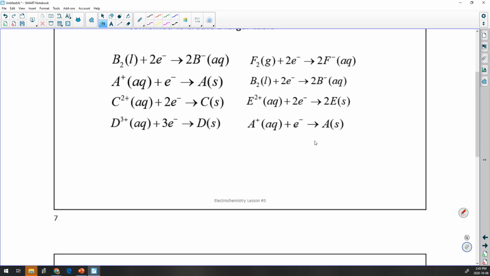Bromine, or the B in this one, is at the top, but it's second here. So your highest is your strongest oxidizing agent. It's that guy, because he's above the strongest in the next one.